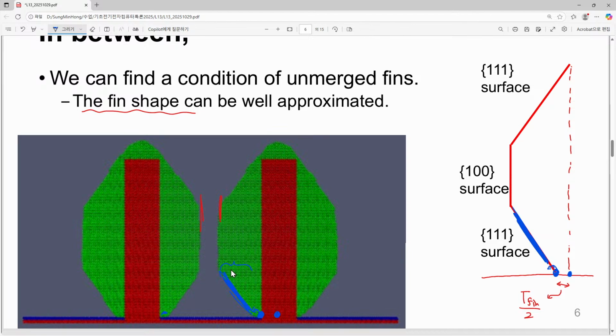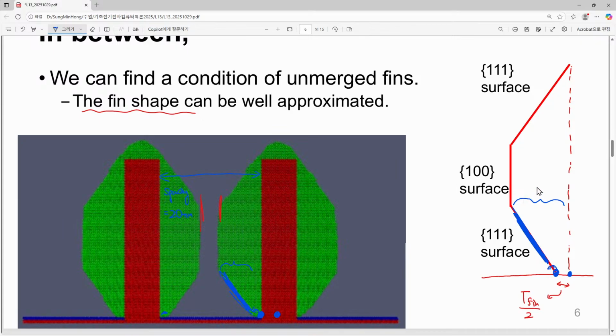So what is the maximum distance for this length scale? Of course, here we have the spacing between fins, in our case 20 nanometers. So at most we are allowed to have just half of it.